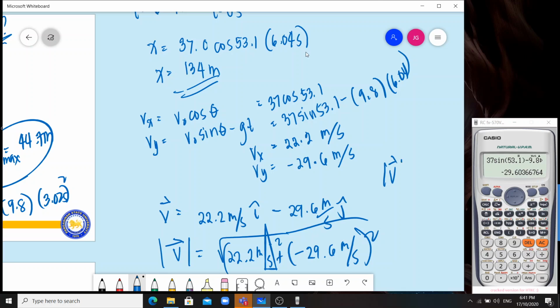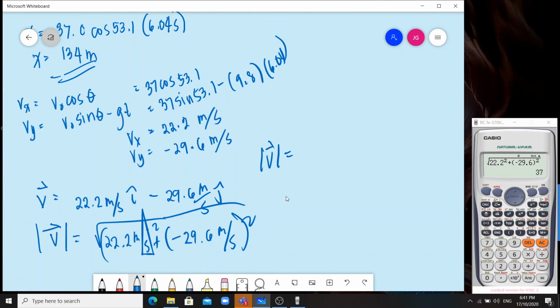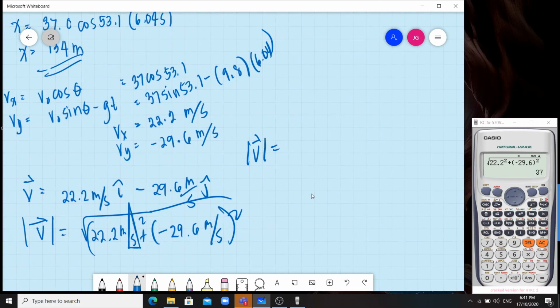So, ang magnitude natin sa velocity ay 22.2 squared plus negative 29.6 squared, 37. Okay. Meters per second. Okay.